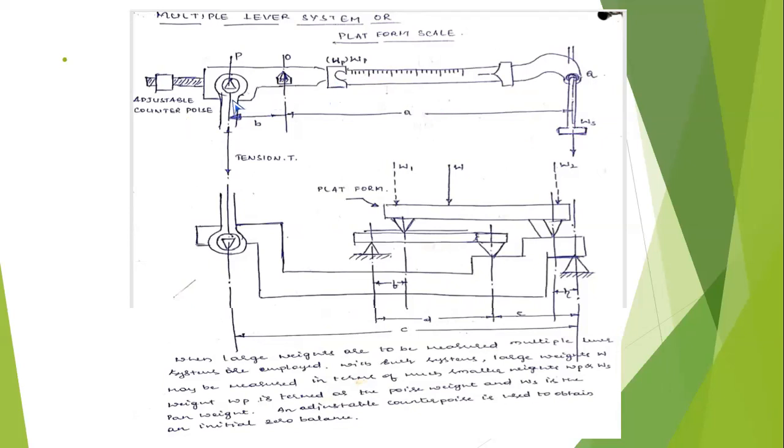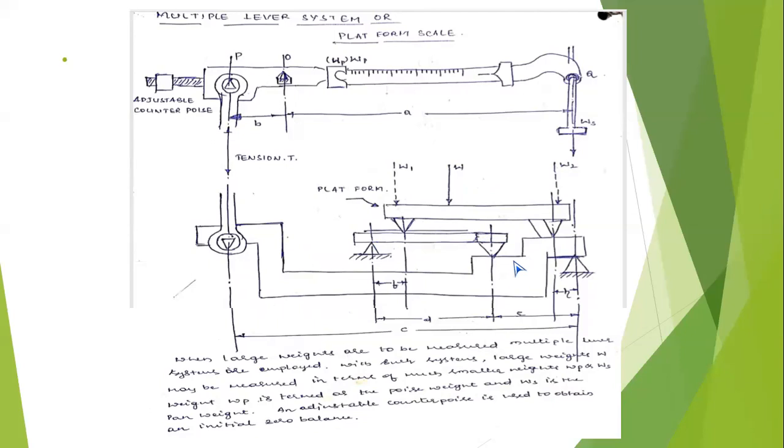Then what all the mechanisms are present here, all of you observe. You have placed the bag containing the rice on the platform W, which exerts the force on the lever provided in the bottom, which is hinged at one position and which is placed on another lever.